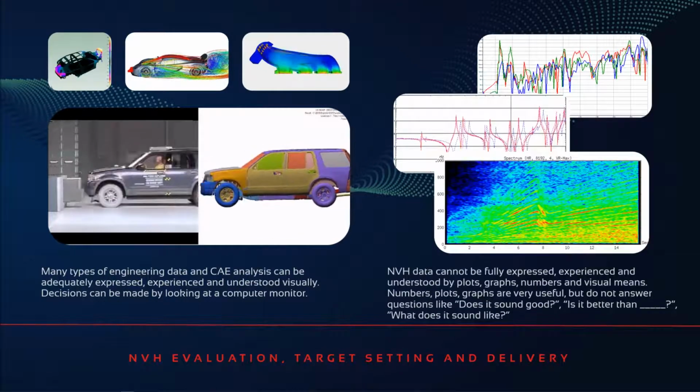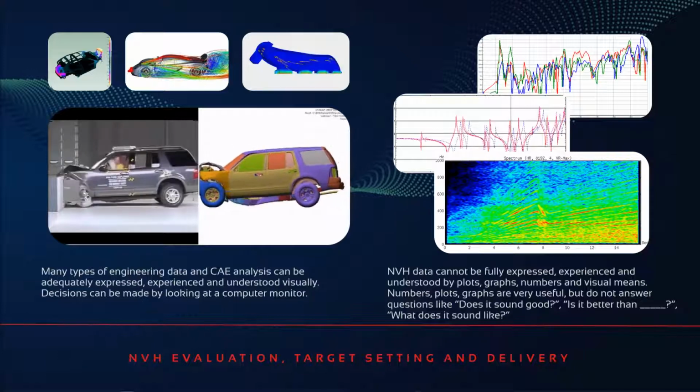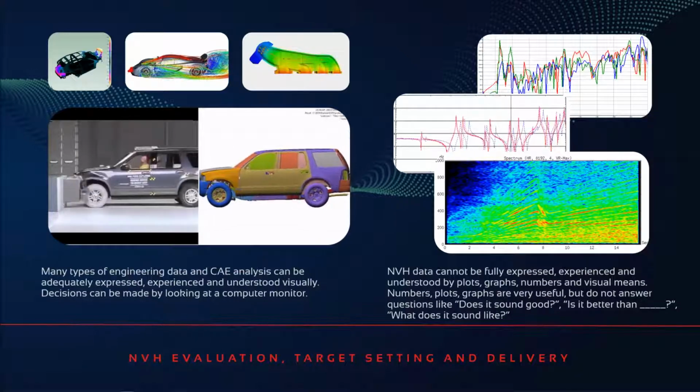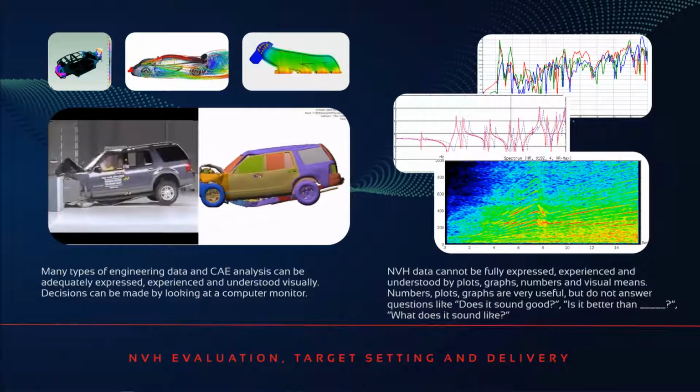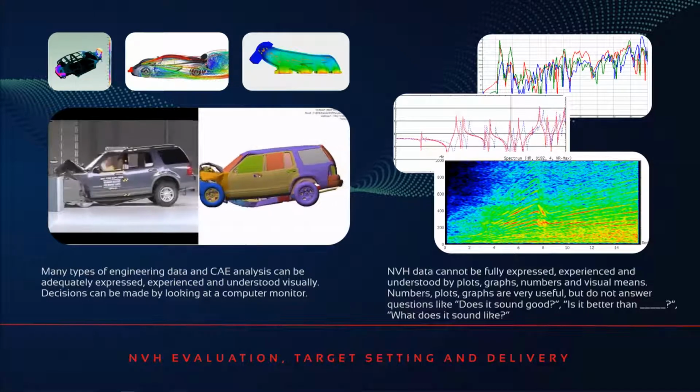NVH data is a bit different. We get a lot of great information from testing, analysis, and simulation, but the results are typically in the form of plots and graphs. NVH data cannot be fully expressed, experienced, and understood by plots, graphs, numbers, and visual means.